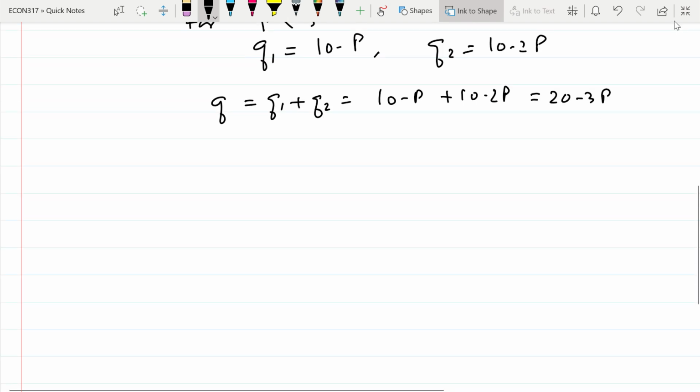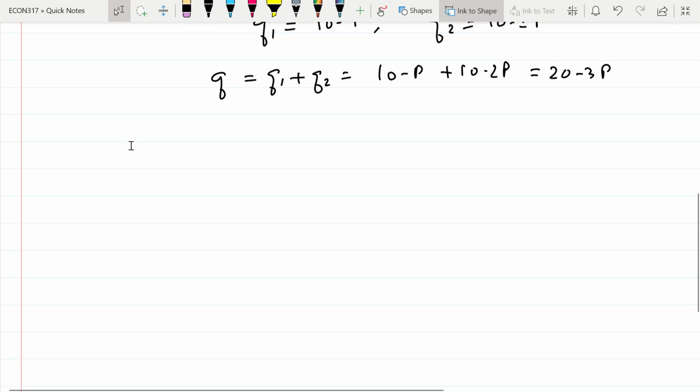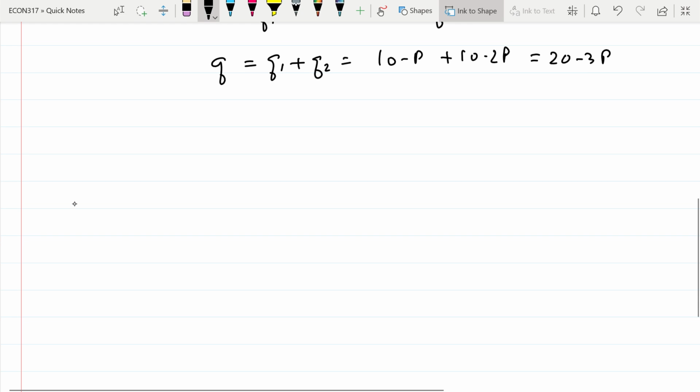I would like to draw this in a graph, and we will see why having the price on the vertical axis and quantity on the horizontal is extremely helpful in coming up with the market demand, or demand aggregation. So let me start with the vertical axis.